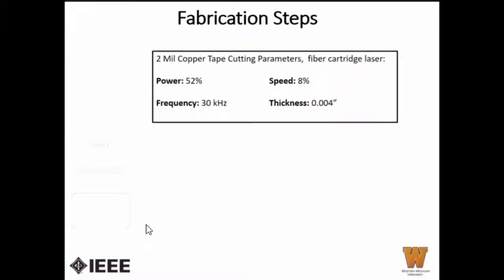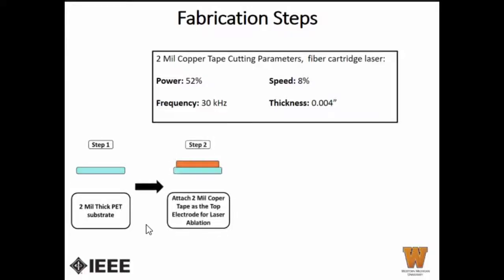This slide shows the fabrication steps. This is the PET substrate, which we clean with IPA first, and then stick the copper tape on top of the PET.